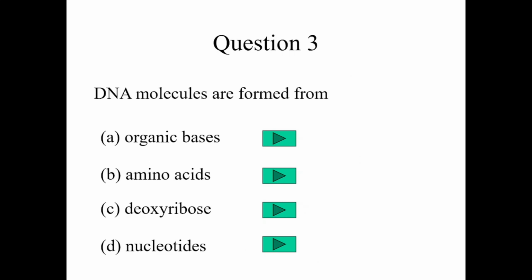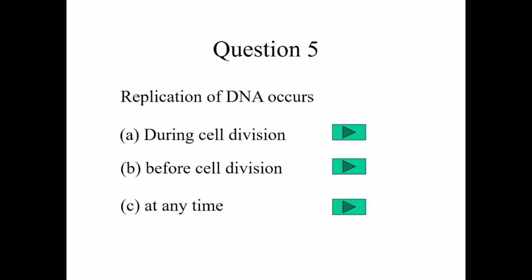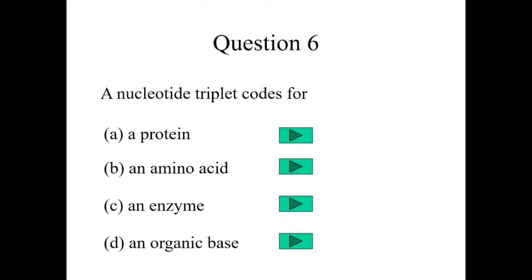DNA molecules are formed from. Which of the following are organic bases? Replication of DNA occurs. A nucleotide triplet codes for.